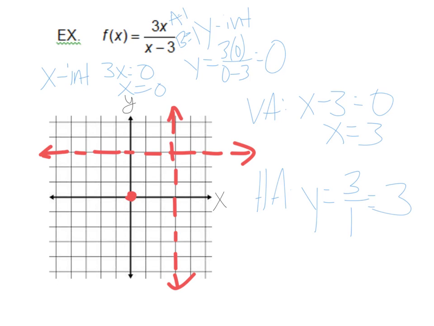Now we need to go to our graphing calculator to get the rest of it and copy those curves. They should get closer and closer to the asymptotes without actually hitting them. So that's the complete graph for that function. And then let's do one more.